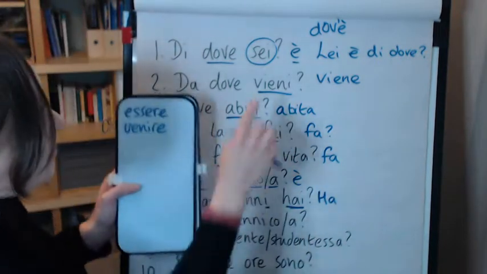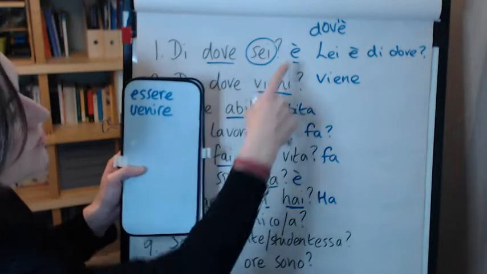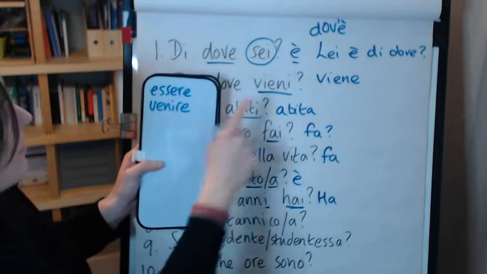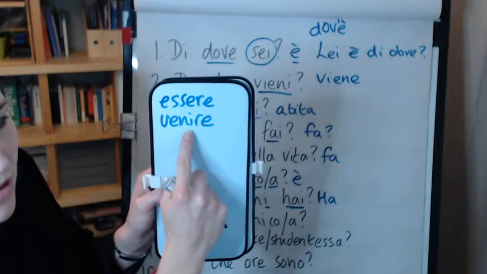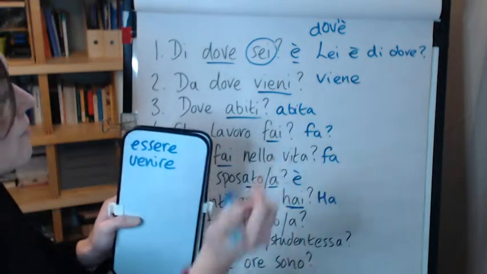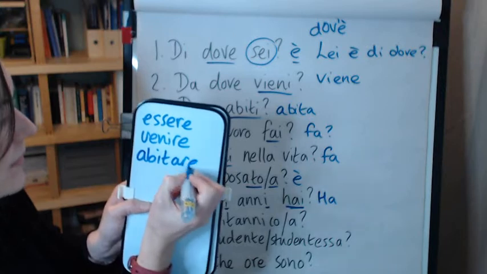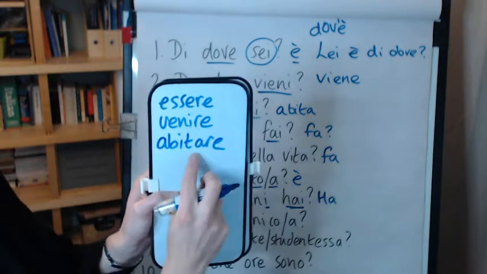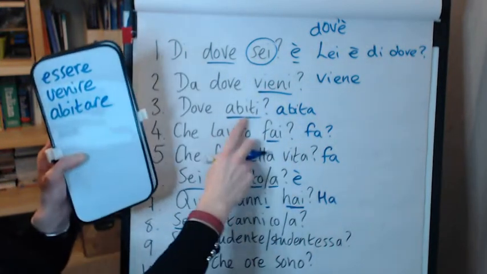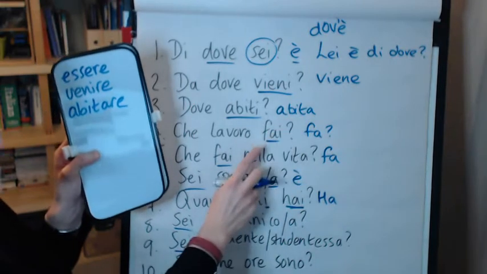Okay? So, sei from essere goes to è. Vieni from venire goes to viene. Abitare is to live. This is to be, this is to come, this is to live. Abiti goes to abita.